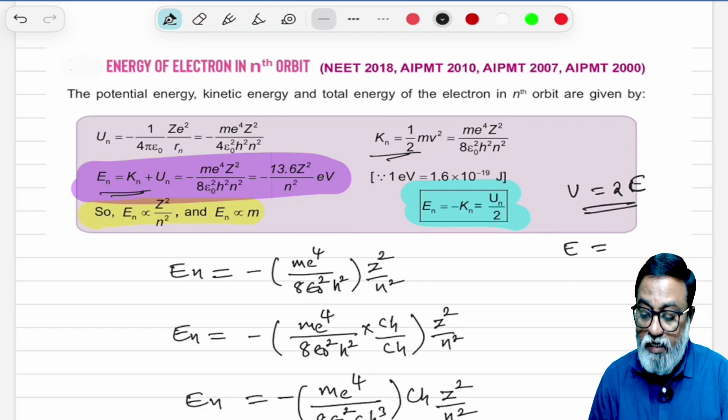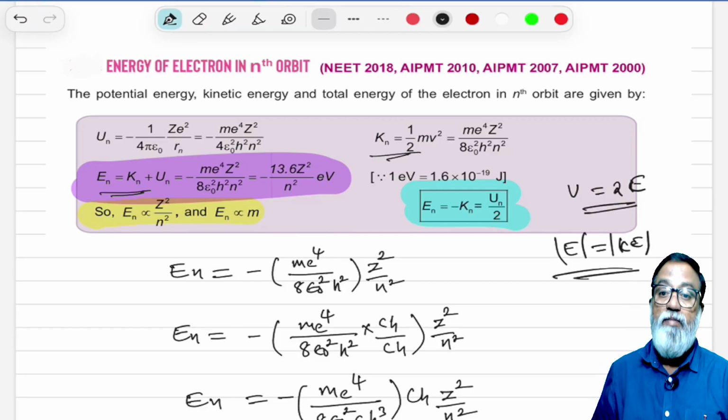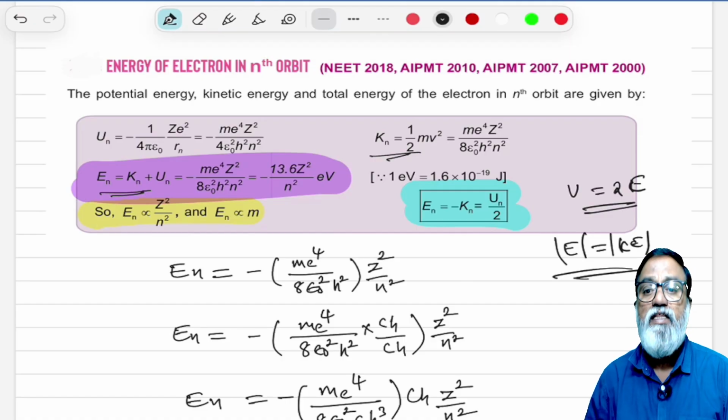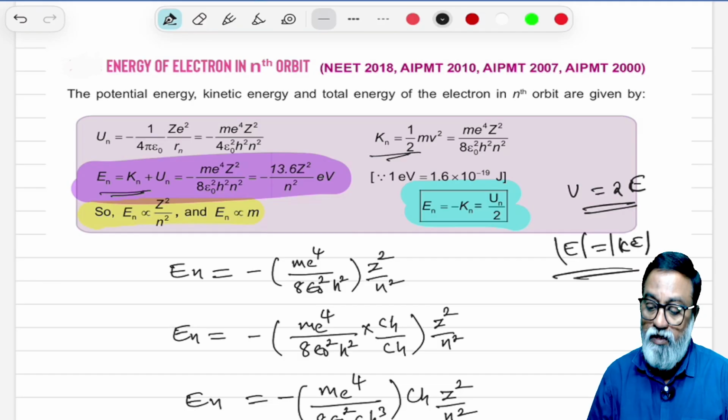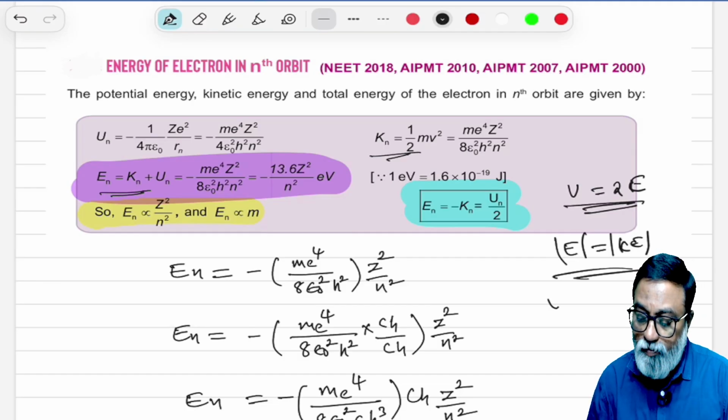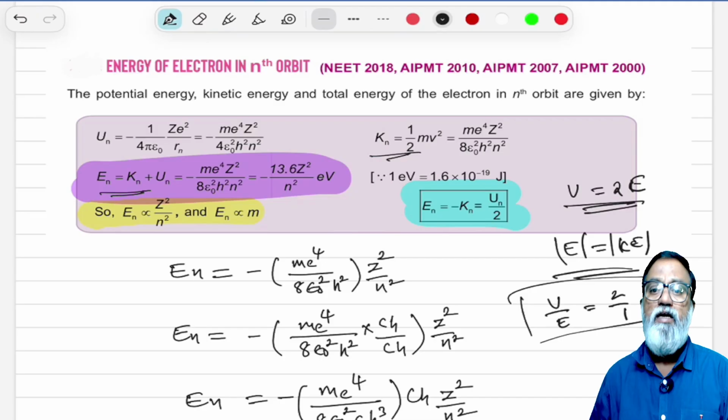In any orbit, the ratio between potential energy to total energy is 2:1.